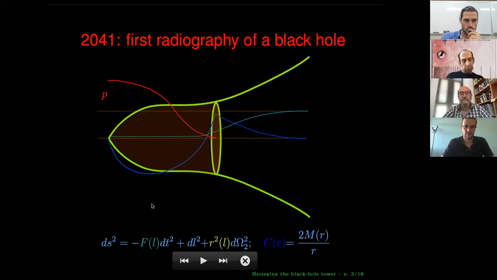And then there are three important functions. One is the compactness function, this blue line, which represents 2 times the total mass that is inside a specific radius of the structure, divided by R.